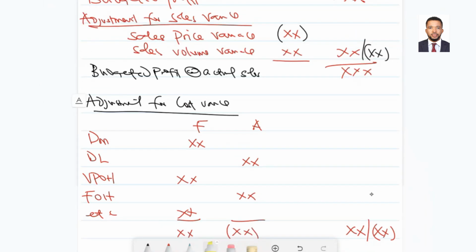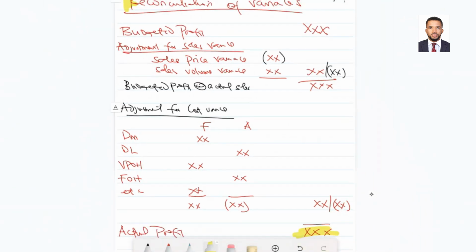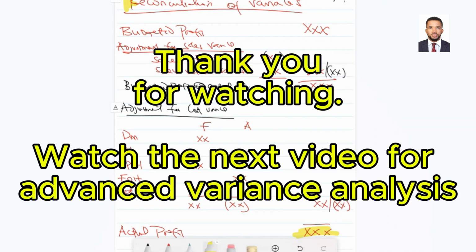So this is how your reconciliation table looks. Let me quickly explain. There are two components of every profit: sales and cost. So when you're talking of reconciliation, we are looking at the reason why budgeted profit is not the same thing as actual profit.